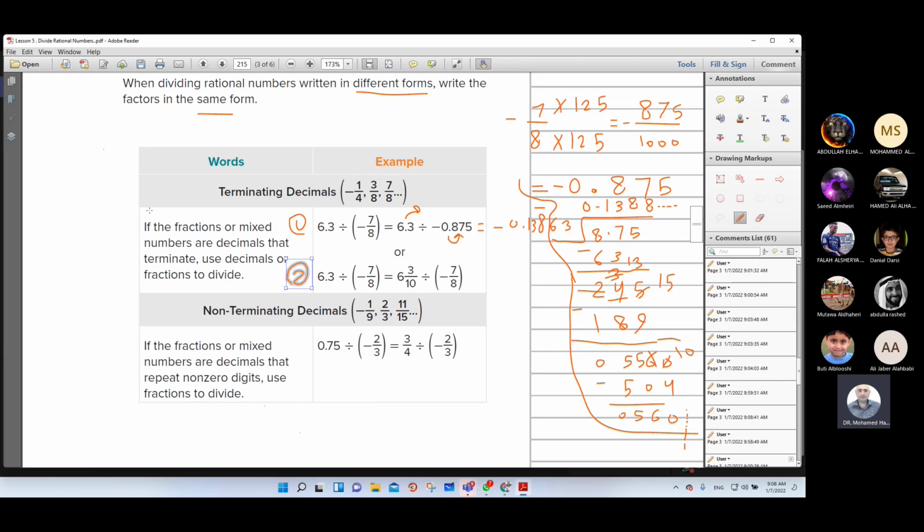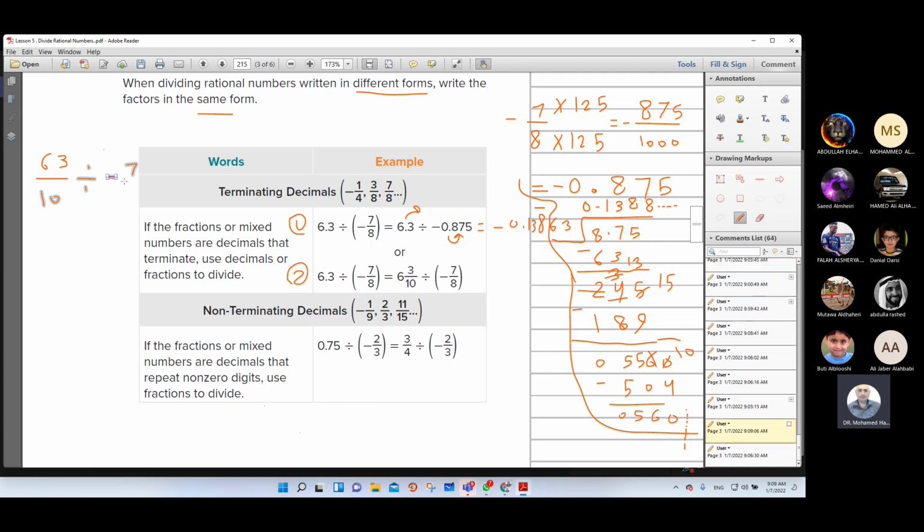How to change 6 and 3 over 10 to the fraction? 6 times 10, 60. 60 plus 3 will be 63 over the same denominator, over 10. Divide by the fraction here, negative 7 over 8.